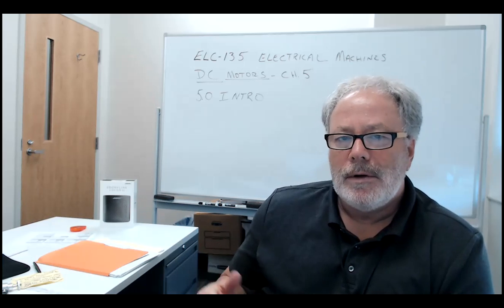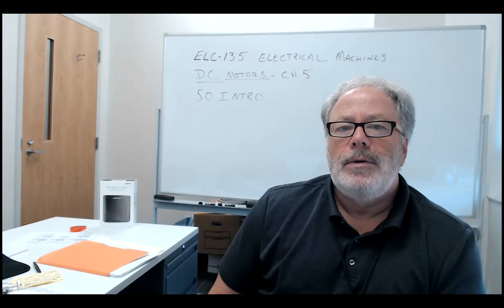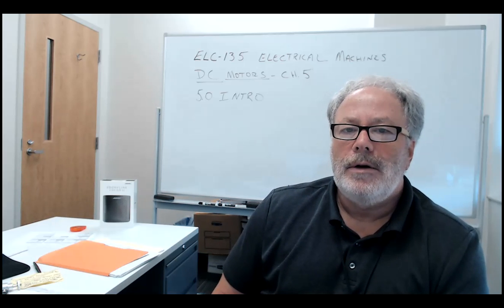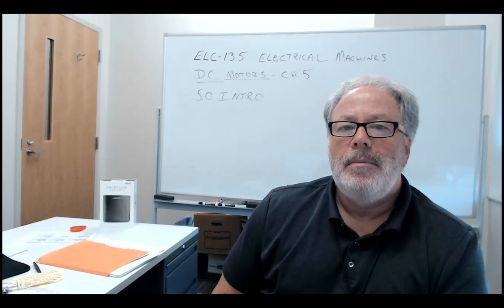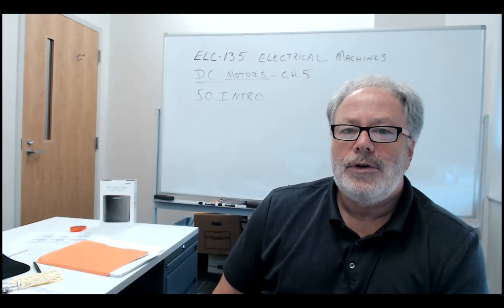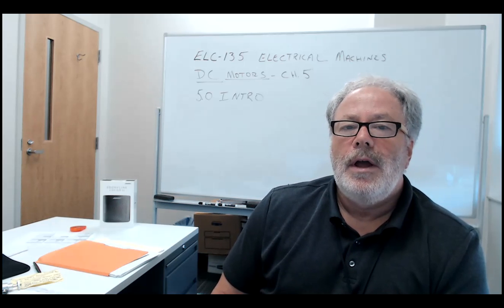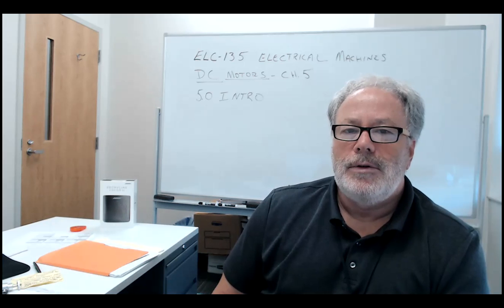Now, we're going to reverse that, and we're going to supply electrical energy to this same machine, and output mechanical energy at the motor shaft, which we can use by connecting different loads to it.